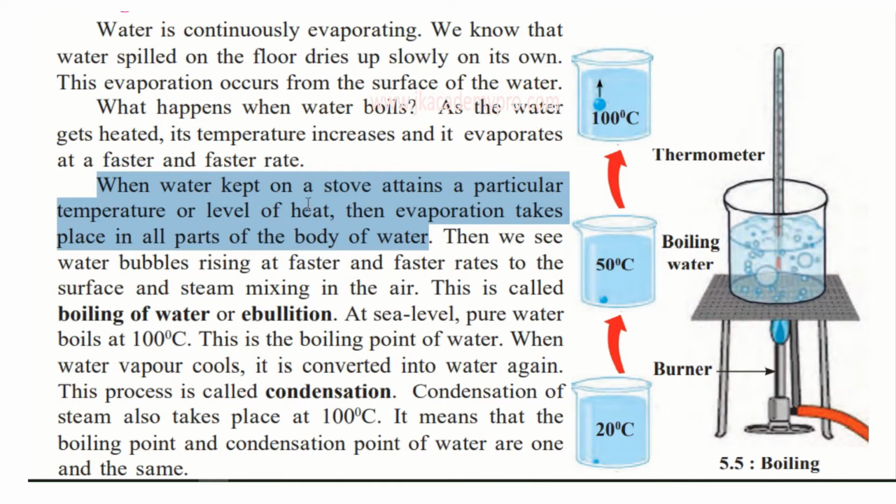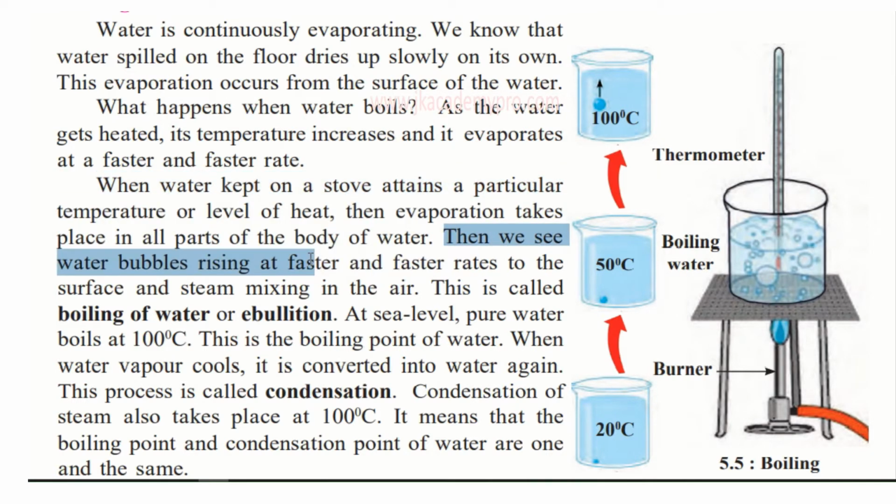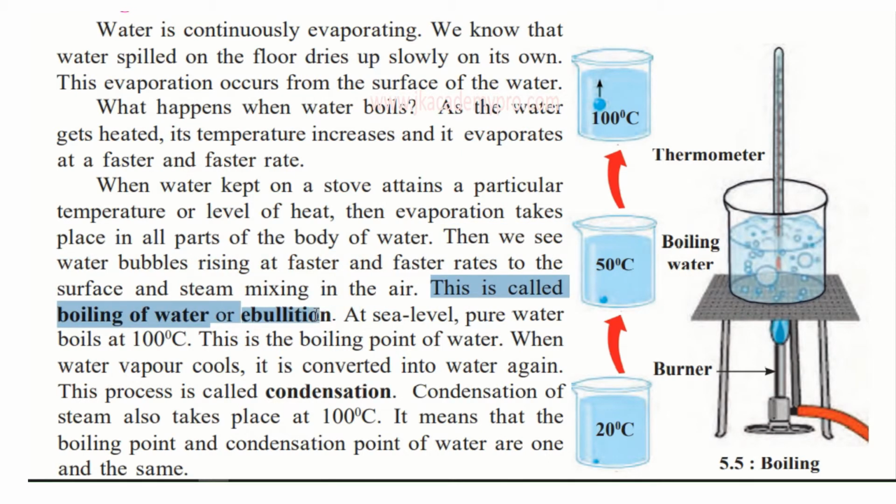As soon as it starts, we see water bubbles rising at a faster and faster rate to the surface and steam moving in the air. Steam is the water vapor coming out into the air, and it just disappears. This is called the boiling of water, or ebullition. At 100 degrees Celsius water starts boiling.